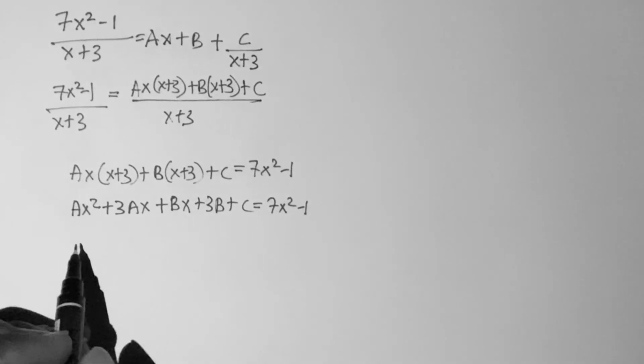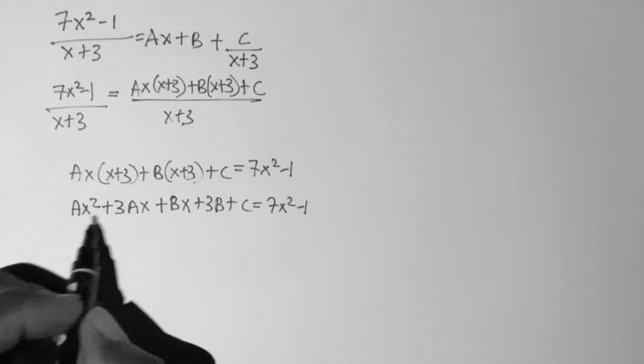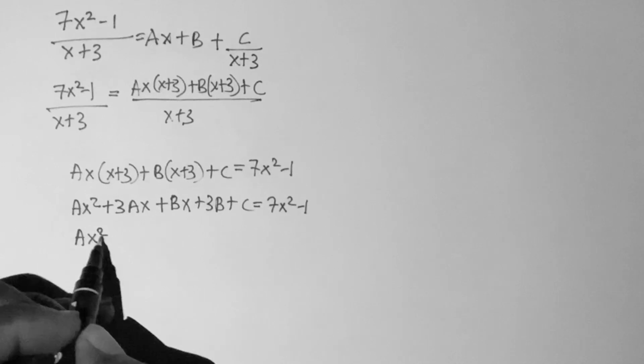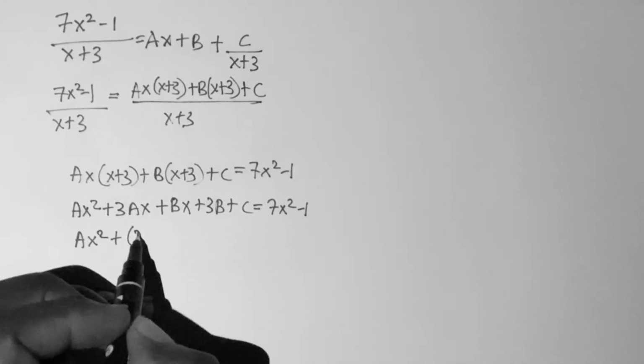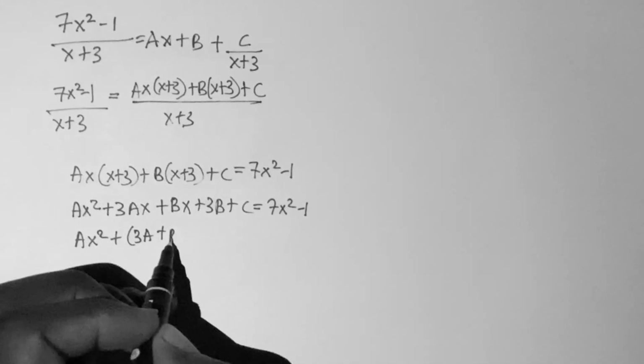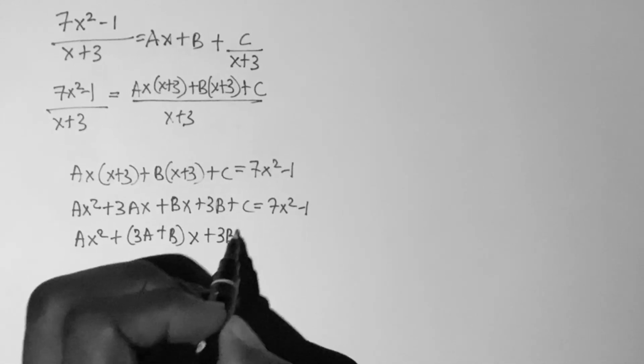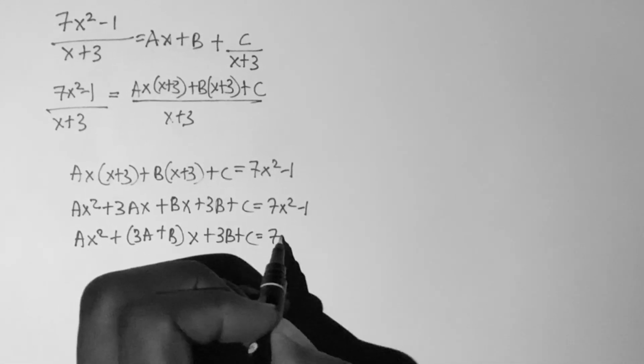So let's group like terms. There's an x squared here. So we have ax squared, plus 3a plus b, then x, and plus 3b plus c equals 7x squared minus 1.